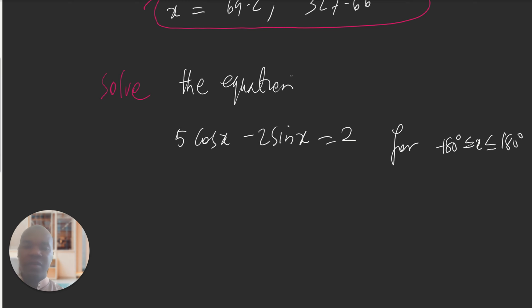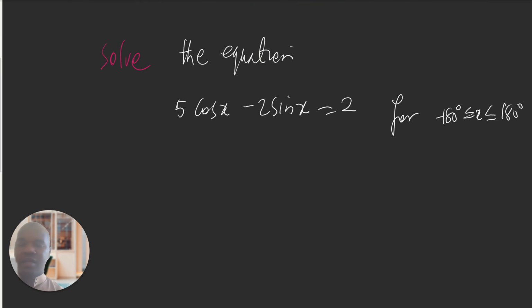So this equation, we are going to make sure that we simplify it to the form of r cosine x plus alpha.